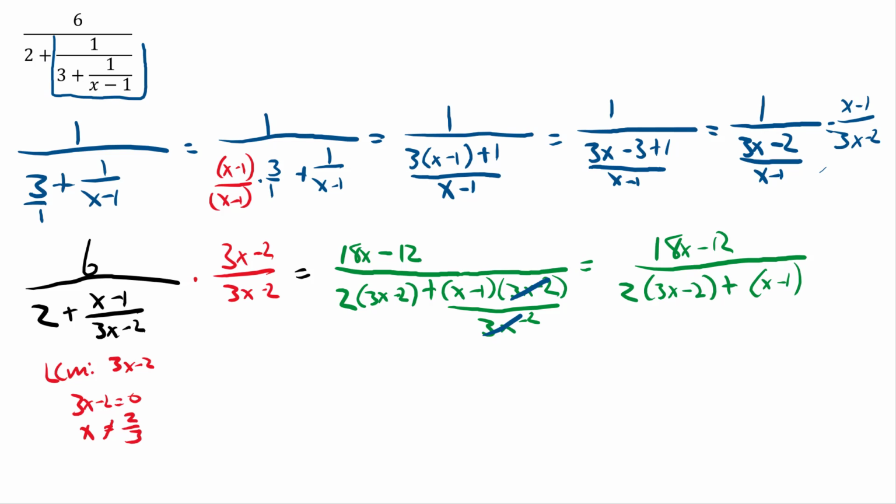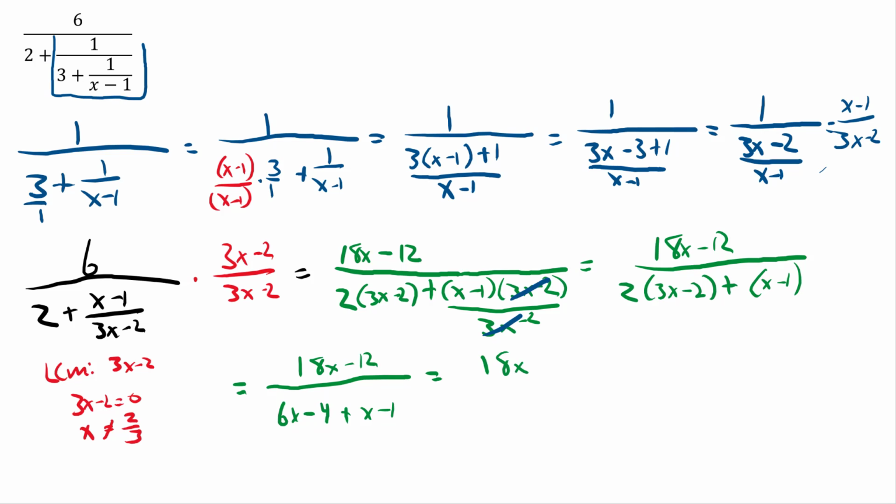We distribute that 2 into the binomial, so we have 2 times 3, which is 6x, minus 2 times negative 2, which is negative 4. And then we still have plus x minus 1. We can remove those parentheses because they're not needed. Now let's combine like terms on the bottom to get our final answer.